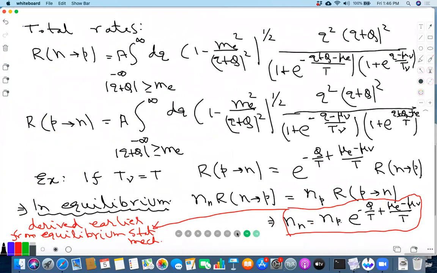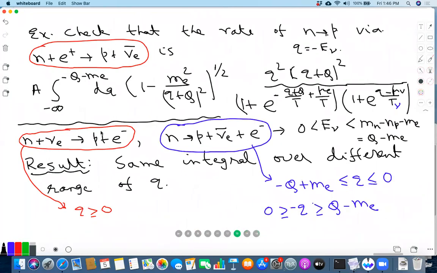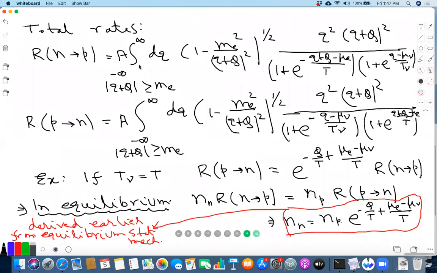The point is that these three ranges together do not cover the full range of Q, because here it goes up to minus Q minus Me, and here the lower limit is minus Q plus Me. So the range between minus Q minus Me and minus Q plus Me is left out. That's why you have this exclusion. It's from minus infinity to infinity, but this range is left out. Okay, sir, I got it.